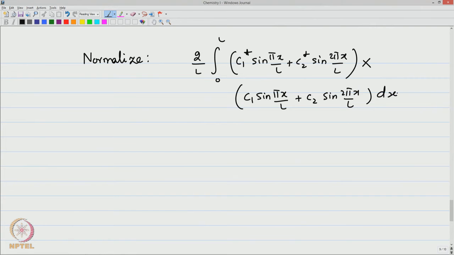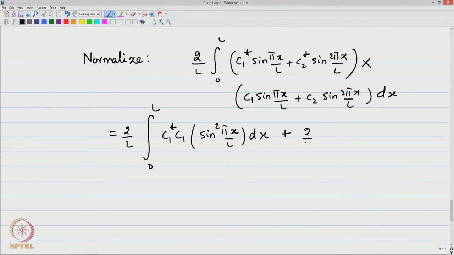dx, and if you write it in expanded form, it is 2 by L, and you have integral 0 to L of C1 star C1 with the integrand sin squared pi x by L dx, that is the first term. And the only other term which is important for normalization is the term 0 to L C2 star C2 sin squared 2 pi x by L dx.